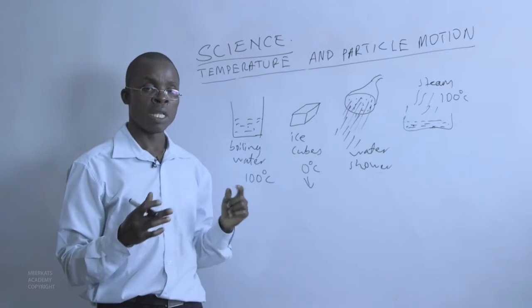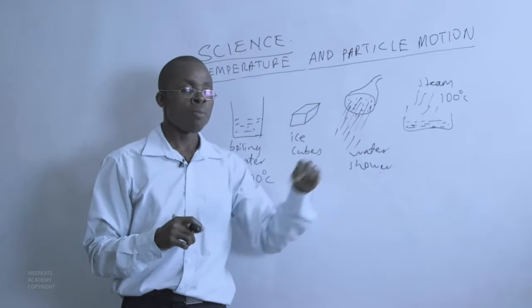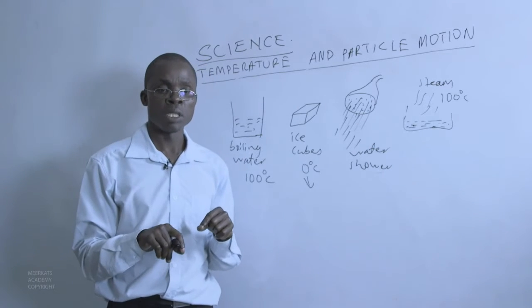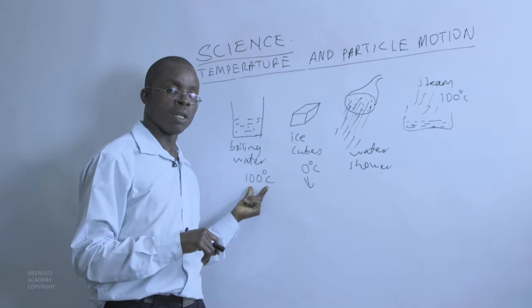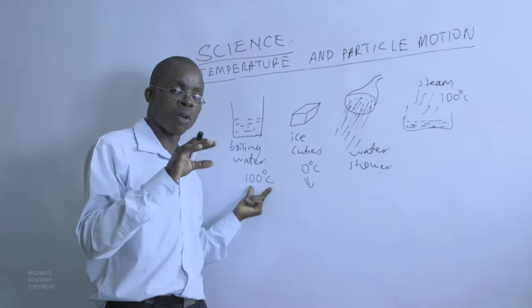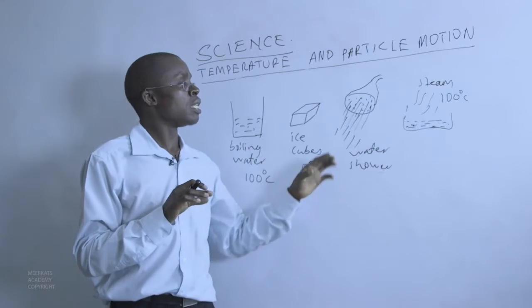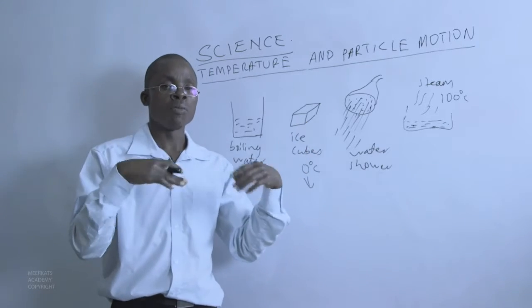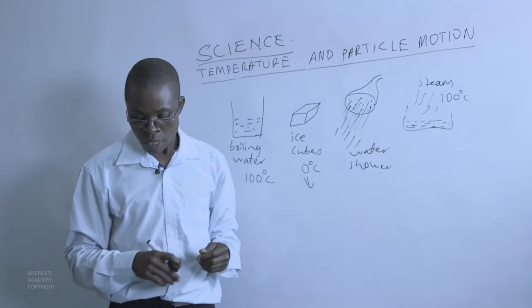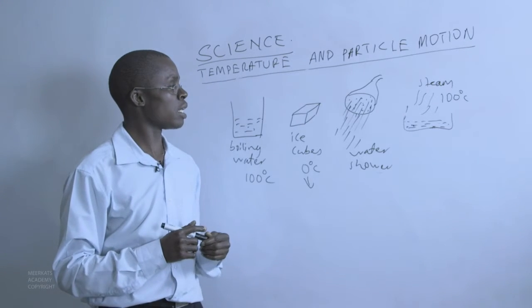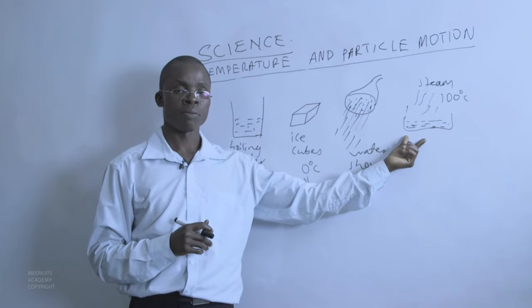What is the difference? The difference is, in the steam, more heat energy was put in to break the forces in the molecules in water, so that the molecules can break off and move away as steam molecules. So the one that has the highest kinetic energy is steam.